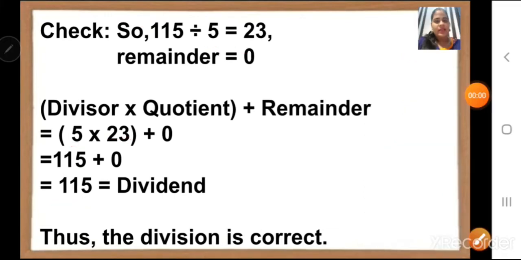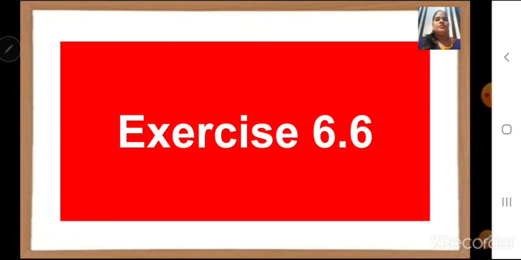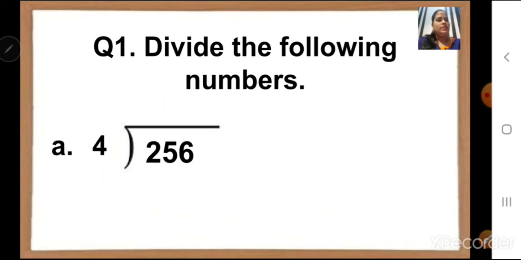Now children, now take out your textbook and your notebook. Children, we are going to see exercise 6.6. Okay, so your first question is, divide the following numbers. A. 256 divided by 4.